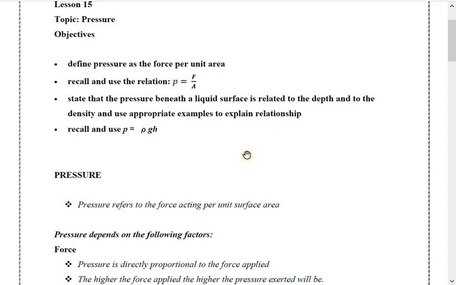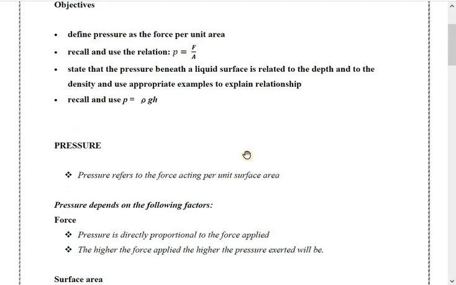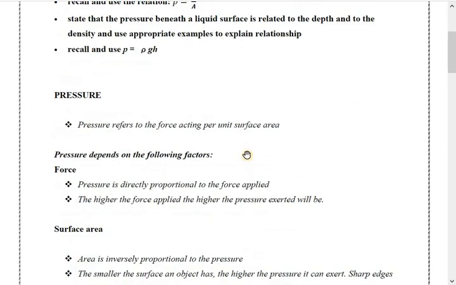We should also be able to say that the pressure beneath a liquid surface is related to the depth and to the density. We can also look at issues of buoyancy, how something is able to float. We talked about substances floating and sinking in one of the previous lessons, and definitely talked about density.